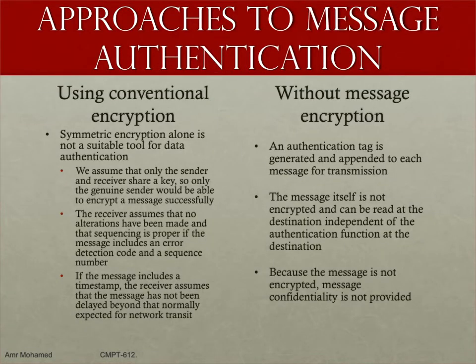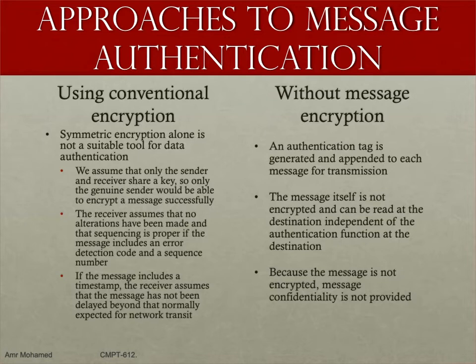So we can have two ways of authentication. We can use conventional encryption techniques because, well, you can think of encryption techniques as a way to authenticate. Why? Because only the two of us share the key, right?